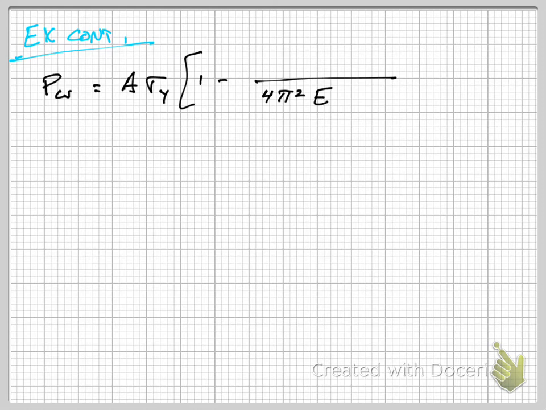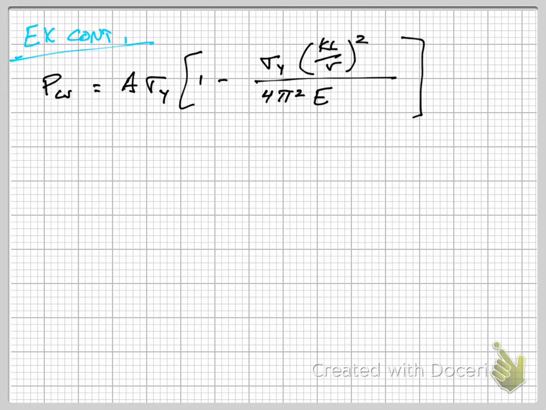So we'll continue this example, and we will calculate P critical using the Johnson formula. A sigma y times 1 minus, it was 4 pi squared E on this side, and it was sigma y KL over R, quantity squared over here.